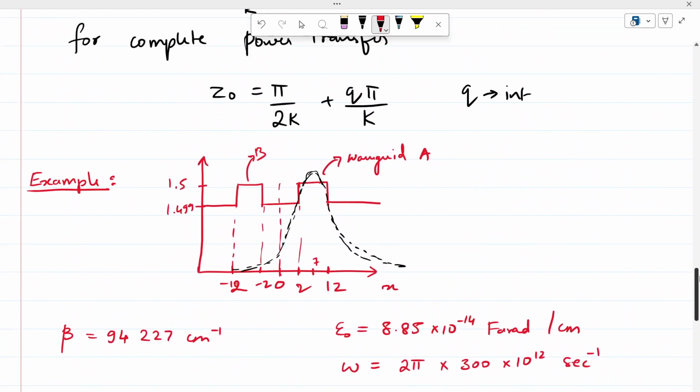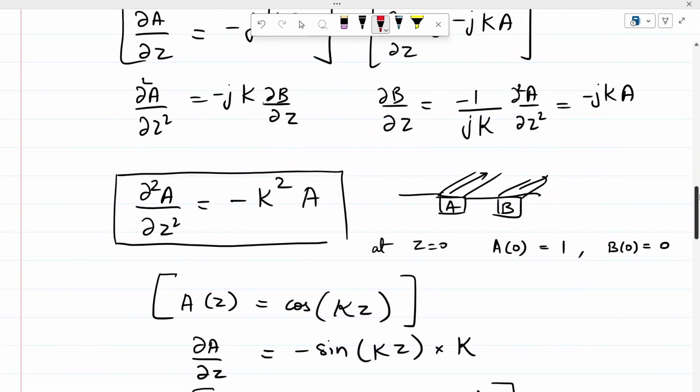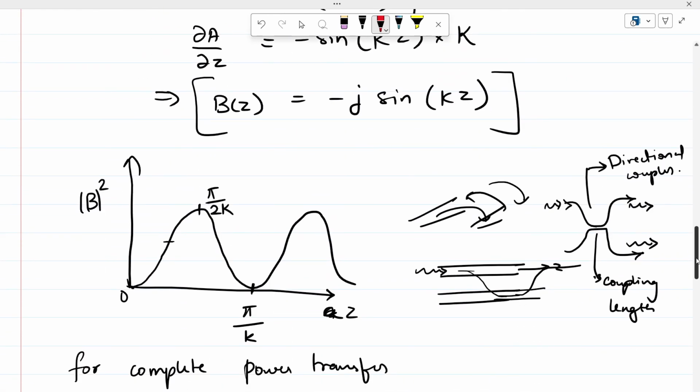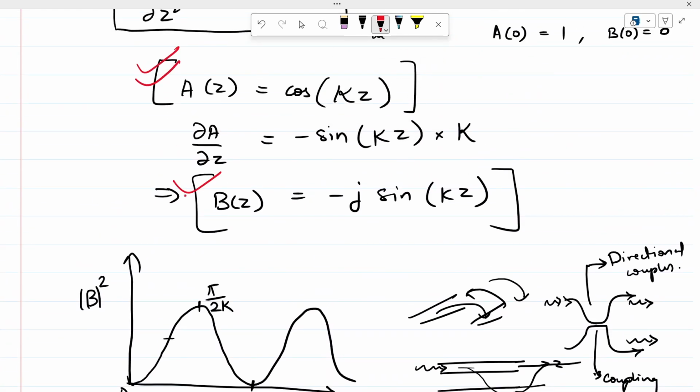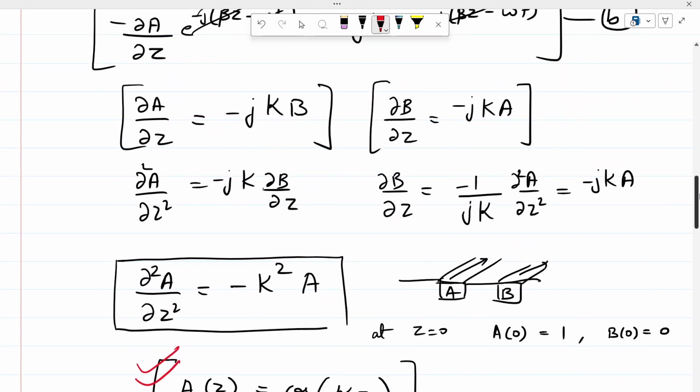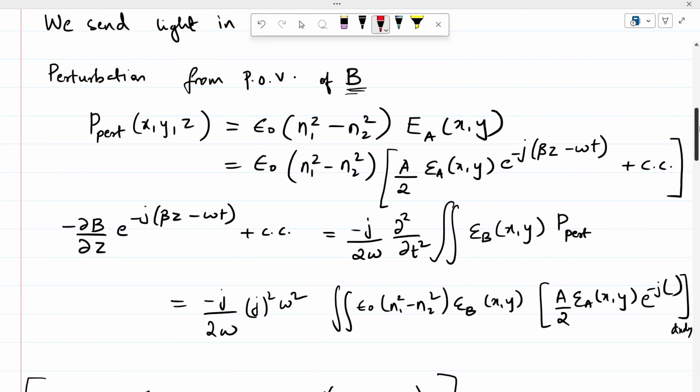and then your amplitude A of z, just like we saw in the previous discussion. So we have done all this before. So if you just look here, my A of z will come out to be cos kappa x, and B of z will come out to be minus j sine kx. So this kappa or k, whatever it is, is the coupling coefficient that we just found out.